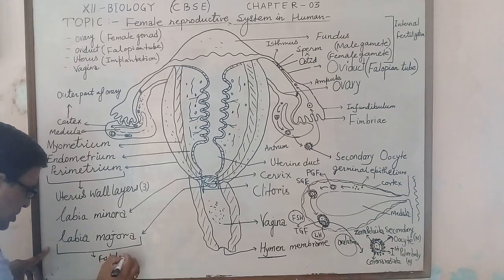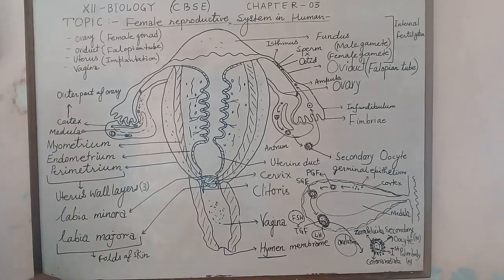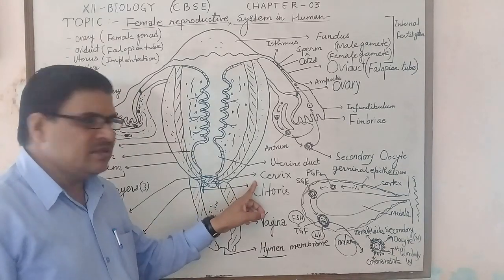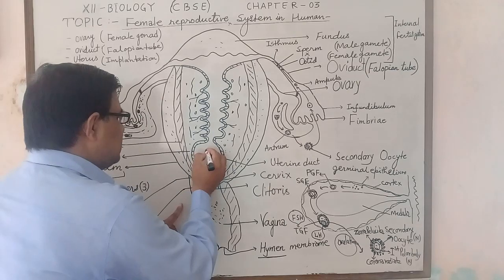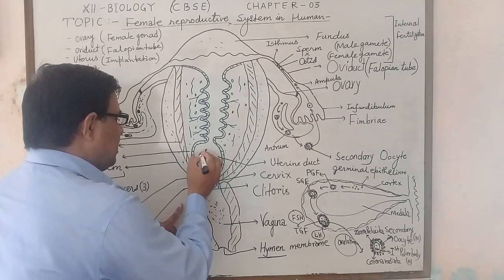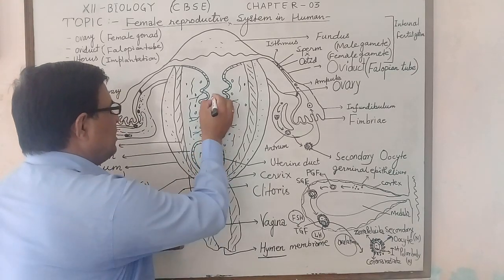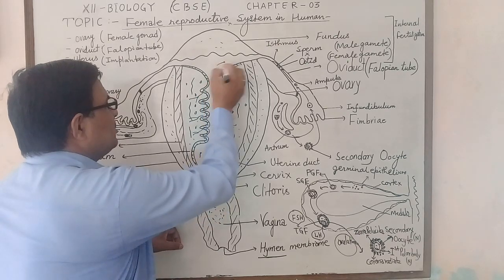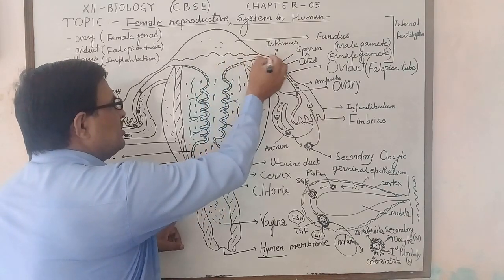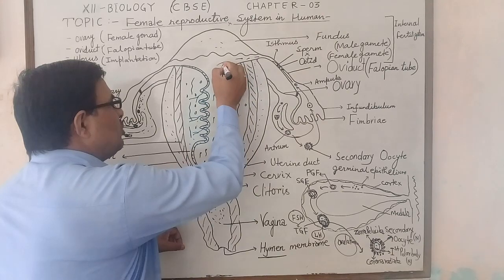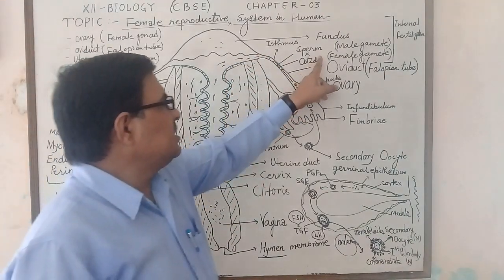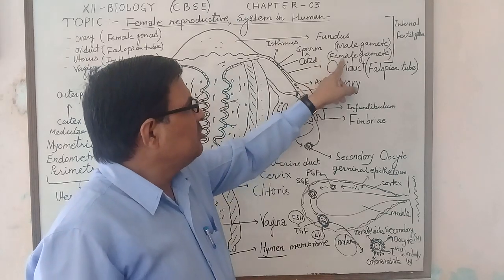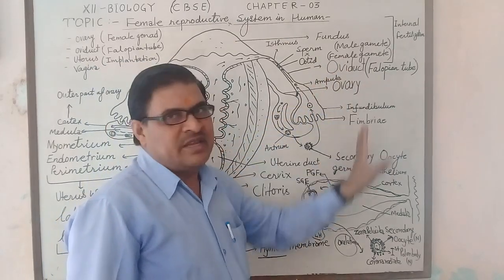The hymen is the membrane which breaks during the first intercourse, and the sperms enter the uterine cavity. Many sperms reach the fallopian tube, but only one sperm succeeds in fusing with the female gamete, which is internal fertilization.